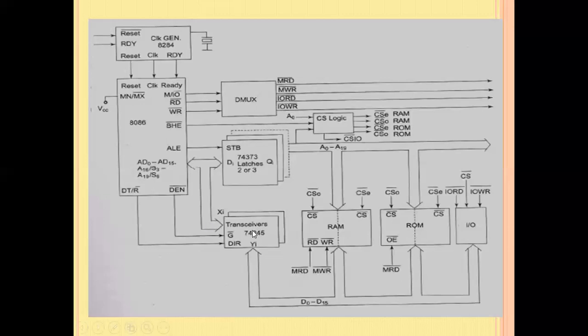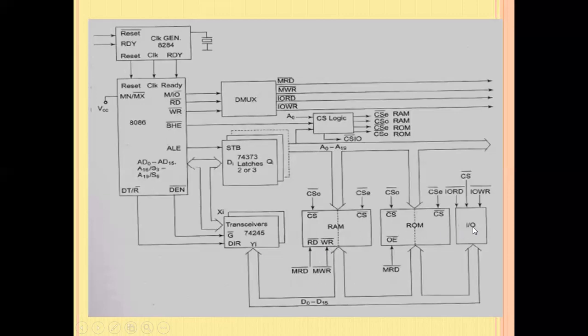This transceiver generates the data bus D0 to D15, totally 16-bit data. In this way, the address bus is separated here and the data bus is separated here.